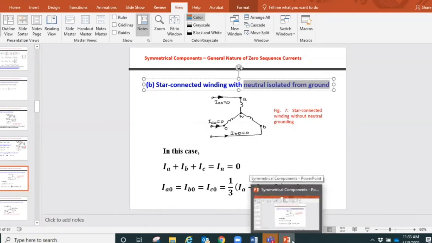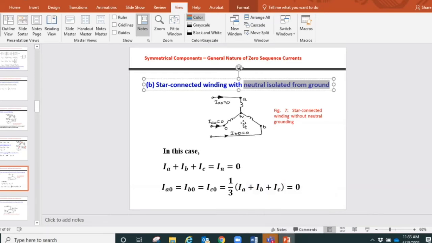Whenever we connect three windings into a star configuration, we will have a neutral point, which is labeled here as small n, and we might choose to leave that as it is, meaning no connection anywhere. We can have the option to connect it to the ground, or somewhere else. We will see how it goes and why we do so. So this is the first case. The neutral point is left just like that, isolated from the ground.